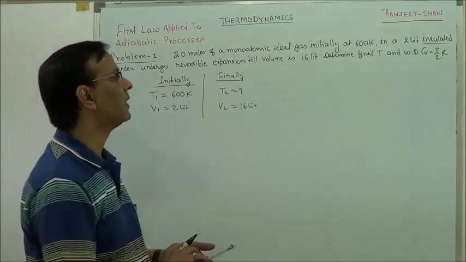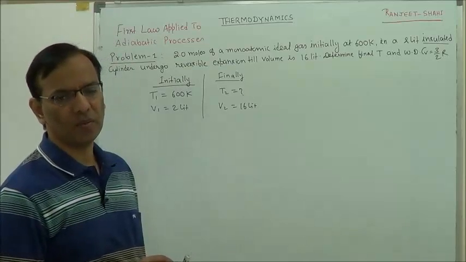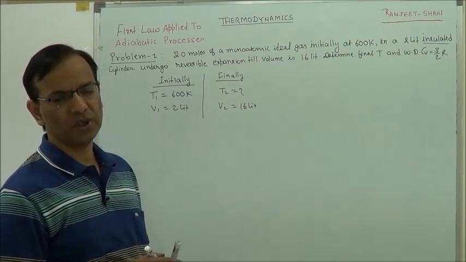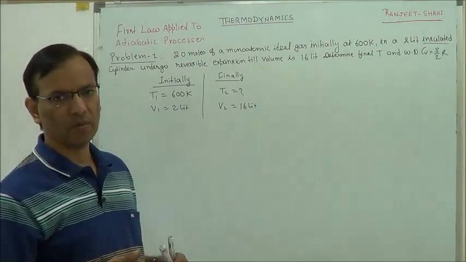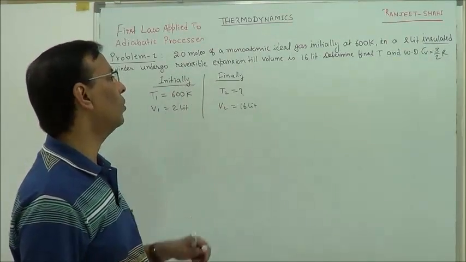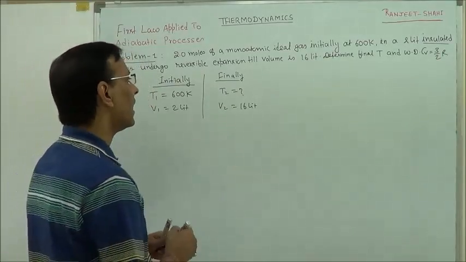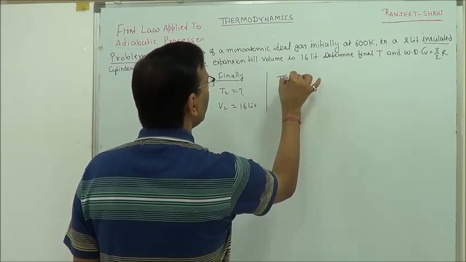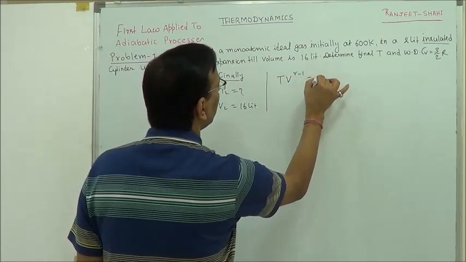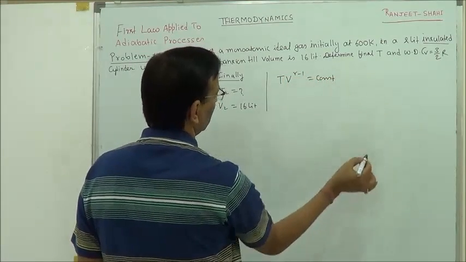Using the relations we have derived for temperature and volume in a reversible adiabatic process, this T2 can be known. We have just derived the relation that T V^(gamma-1) is constant.